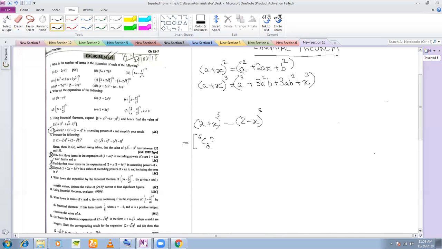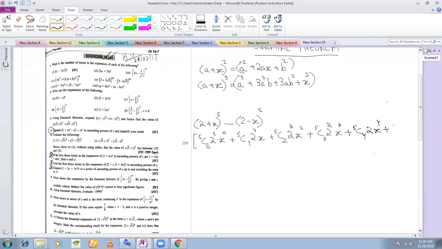5c0, 2 to the power of 5 x to the power of 0, plus 5c1, 2 to the power of 4 into x to the power of 1, plus 5c2, 2 to the power of 3 into x square, plus 5c3, 2 square, x cube, plus 5c4, 2 into x to the power of 4.